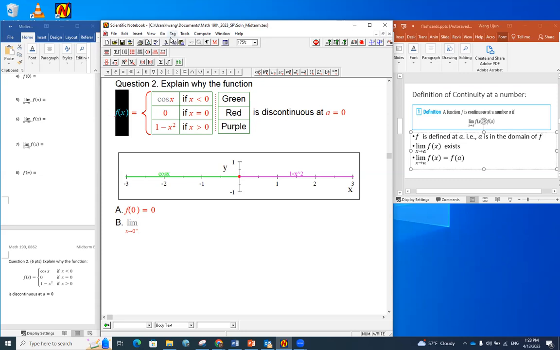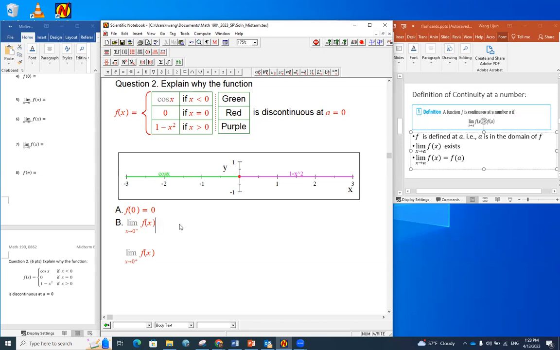Therefore, we have to use a one-sided limit. We also have to consider the limit when x approaches 0 from larger than 0. So you can see why we use this, because we have piecewise functions in our discussion. So we look at the limit from left and the limit from right.